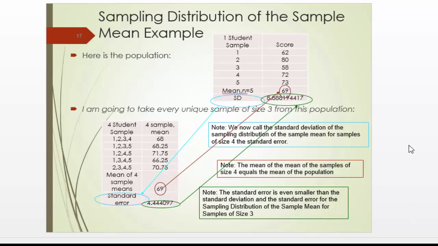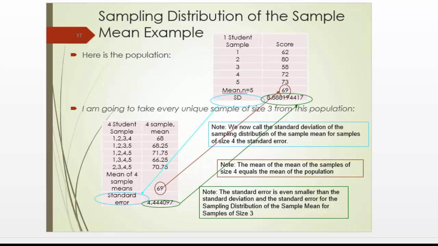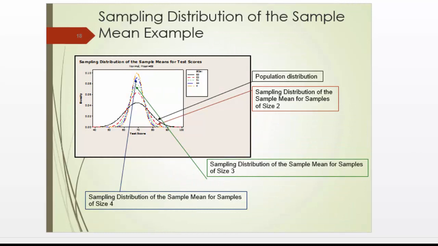Is it that the sampling distribution of the sample mean for any sample size will always equal the mean of the population? And does the standard error always get less as my sample size increases? And is there a set pattern to that, or a set relationship that I could know, which would be quite helpful? Now let's look at these distributions themselves.